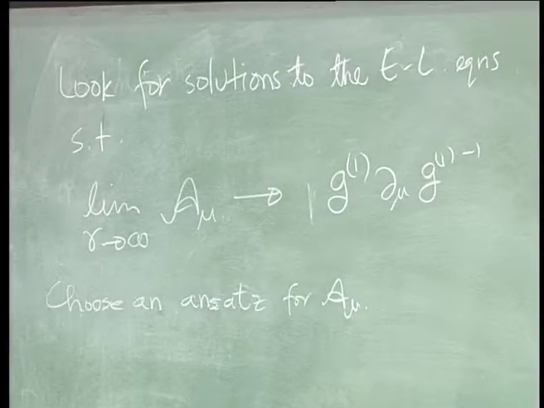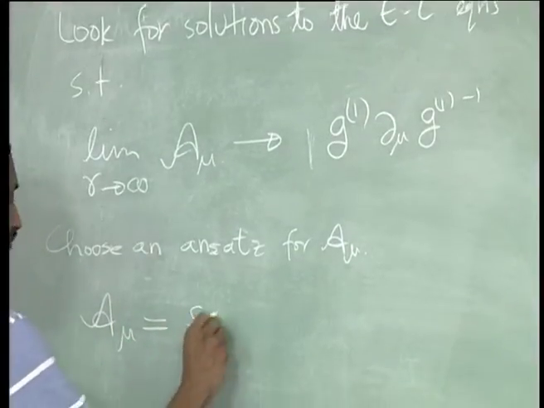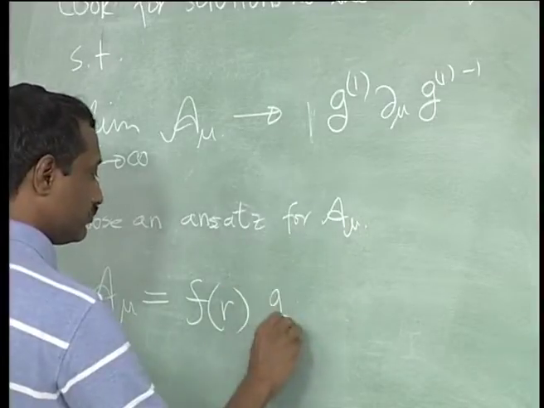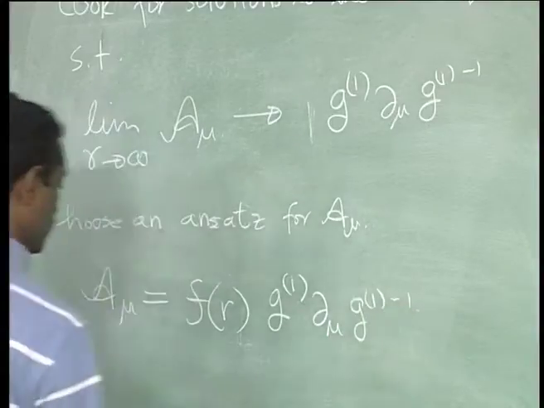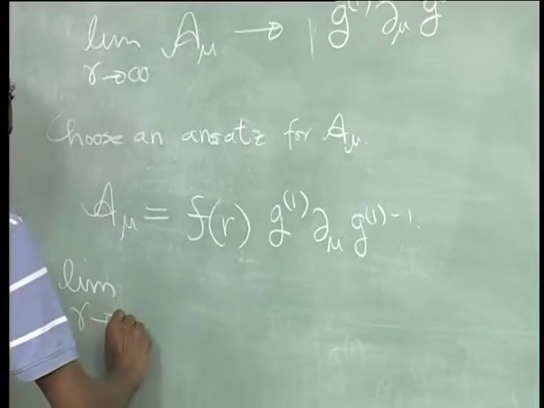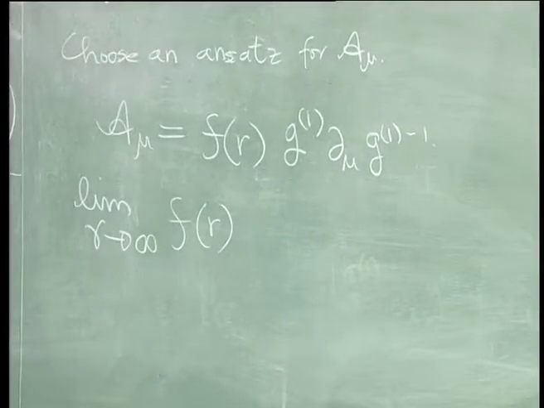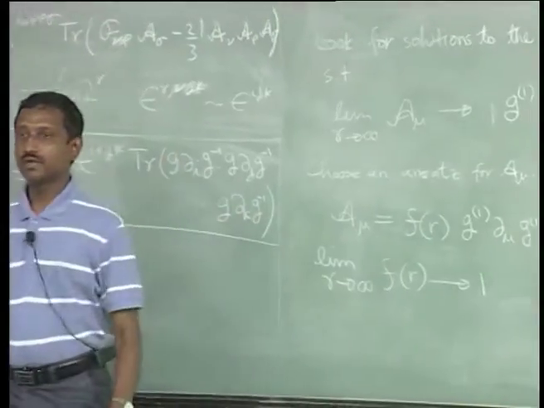The ansatz is kind of nice: some function of r times the pure gauge form, and the limit r tends to infinity, f of r should be 1. And you can go ahead and solve the Euler-Lagrange equations.